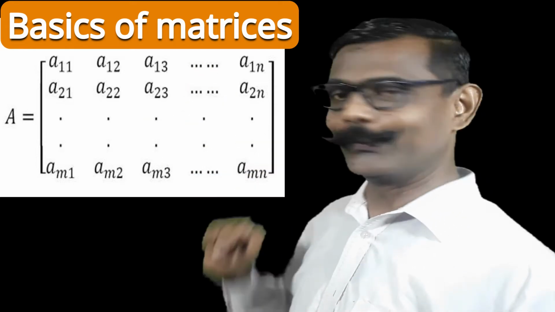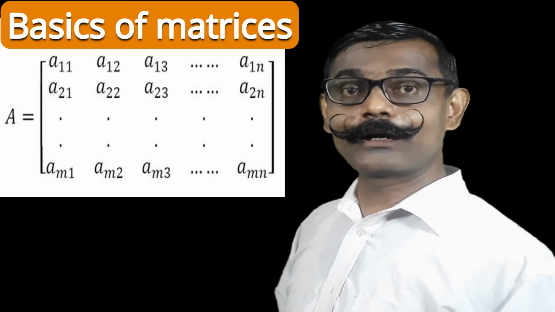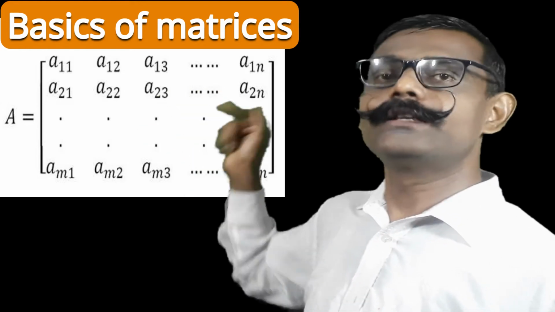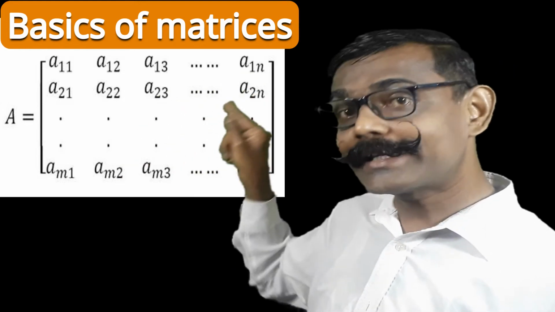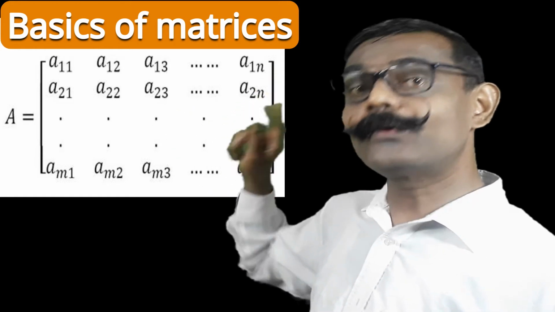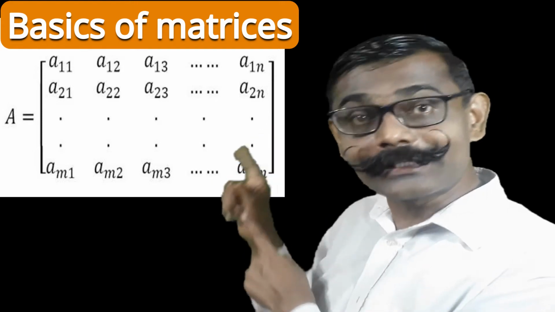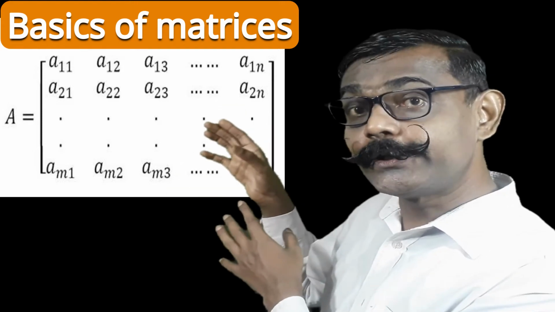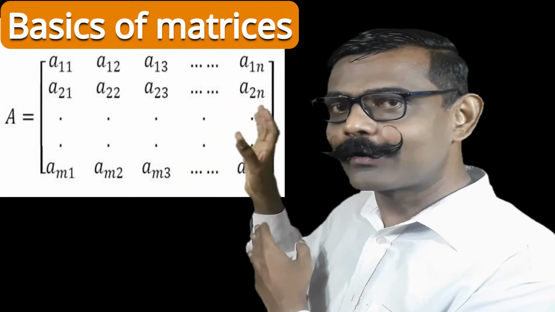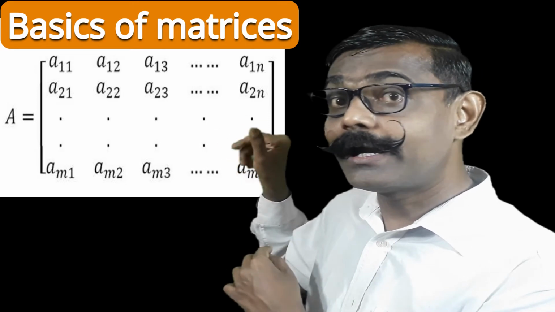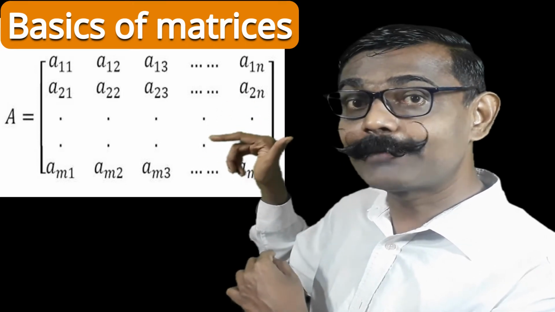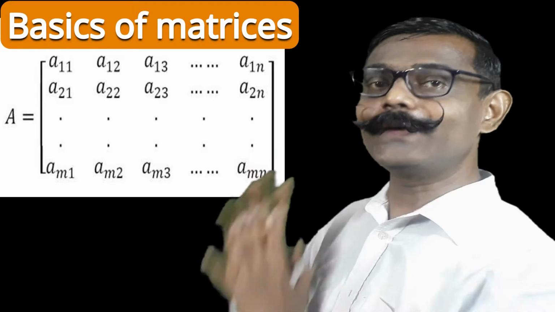See the second row. First element in the second row, A21, second row, first column. Next A22, second row, second column. Next A23, second row, third column. Likewise, if I continue, the last element in the second row, what is the number that the last column represents? n. So A2n.